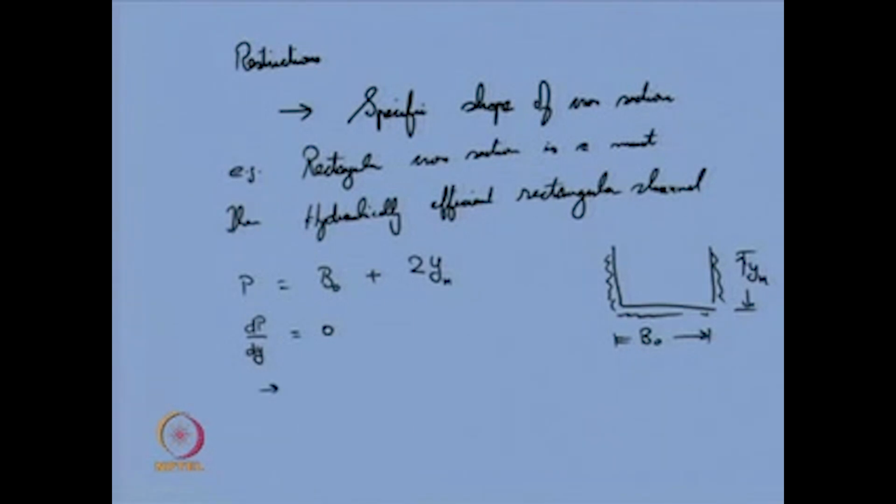Now, you are already suggesting the area of flow equal to A is given, right. You already know A is equal to B0 y_n, and now this is a constant. If A is equal to B0 y_n equal to constant, that means your B0 is nothing but A by y_n.